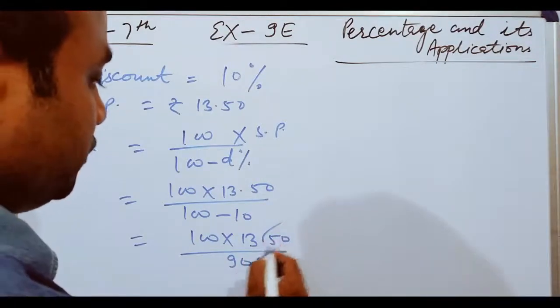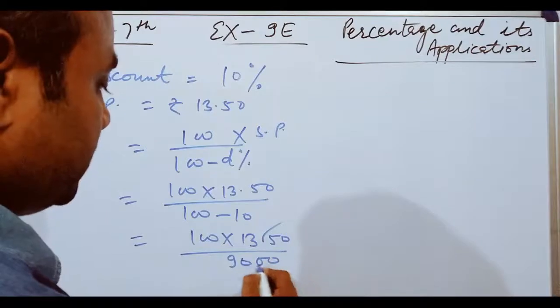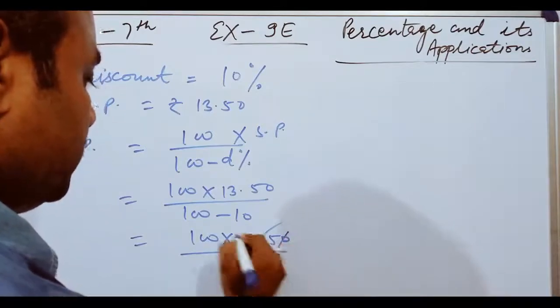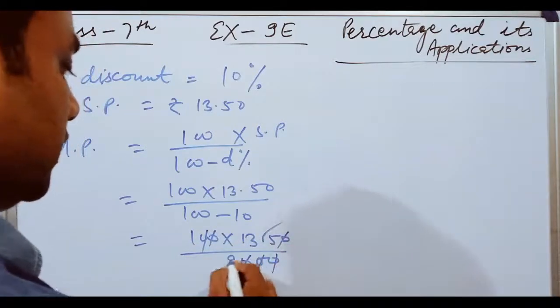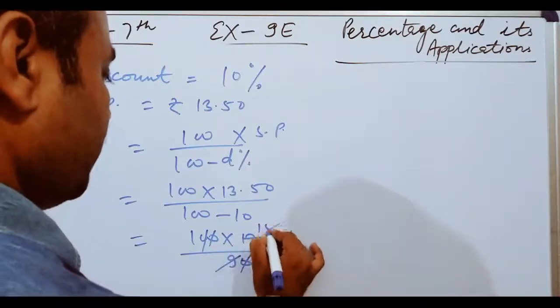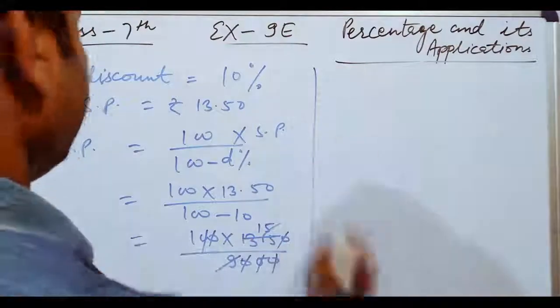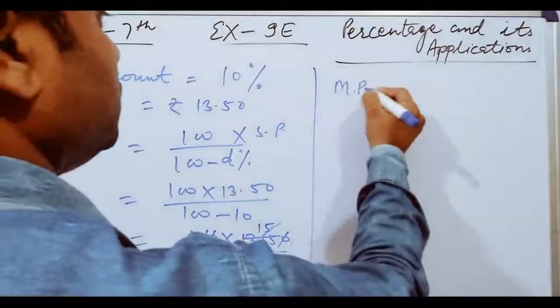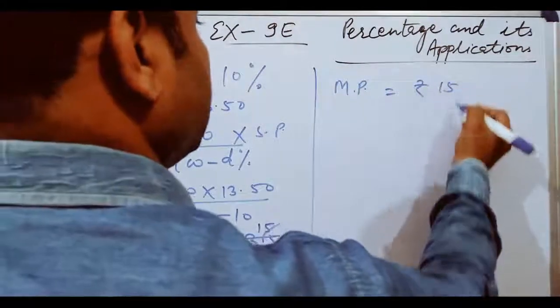Decimal cancel, then two digits, so two zeros will increase here. Now 9 ones are 9, 9 fives are 45. Now MP equal to rupees 15. This is the answer.